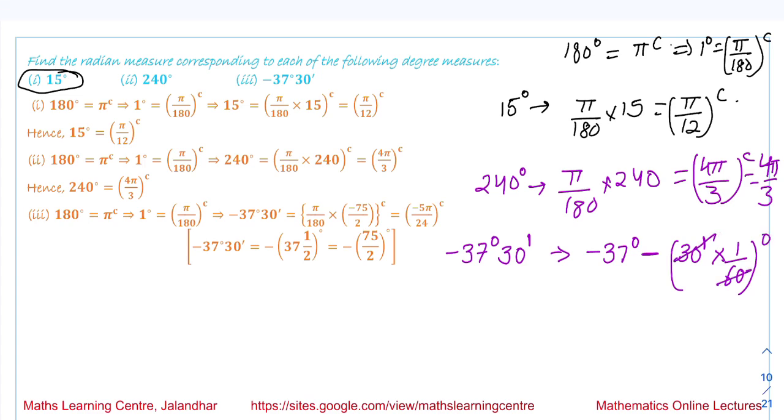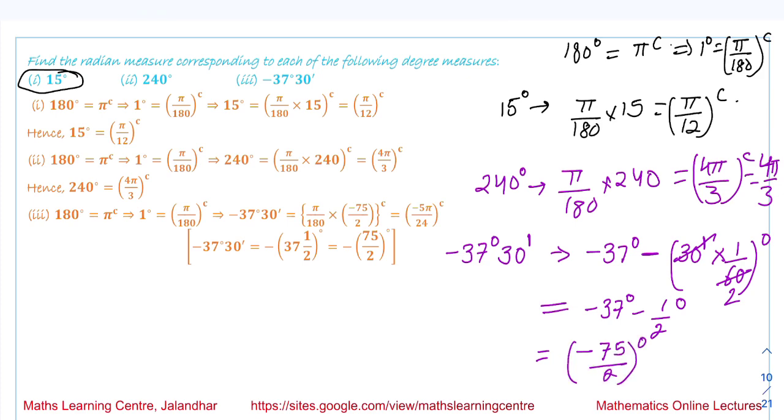This answer comes out to be 1 by 2. So on multiplying this value we get minus 37 degree minus 1 by 2 degree, and this is equal to minus 75 by 2 degree.